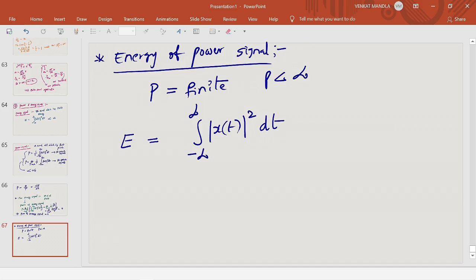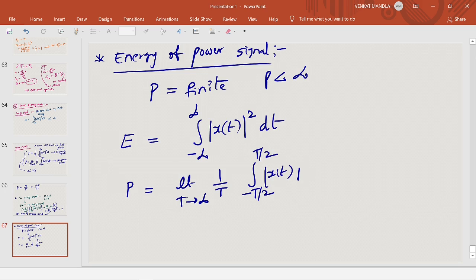Okay, so the power is limit T tends to infinity 1 by T integral from minus T by 2 to plus T by 2 of magnitude of x of t whole square dt.